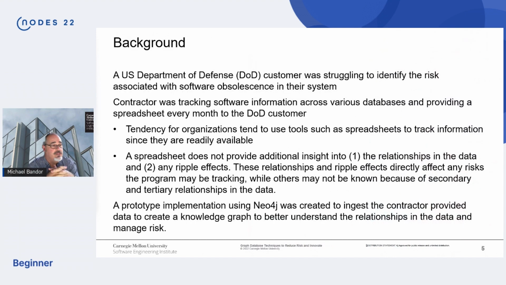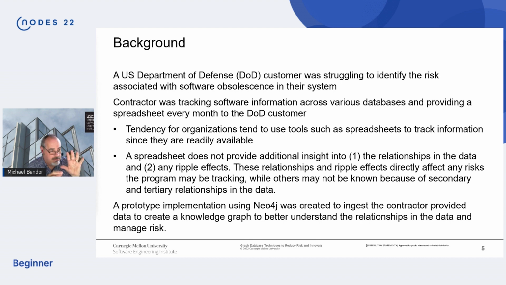So the problem space, we do a lot of work with the U.S. Department of Defense, and we had a customer that was struggling to identify software obsolescence issues. They were finding things were expiring when they least expected it, when they thought they had a handle on it. There were secondary and tertiary effects of things breaking. They would find that the hard way.